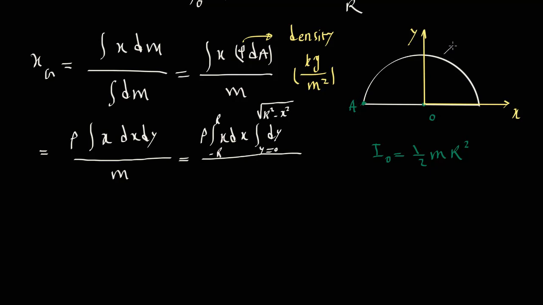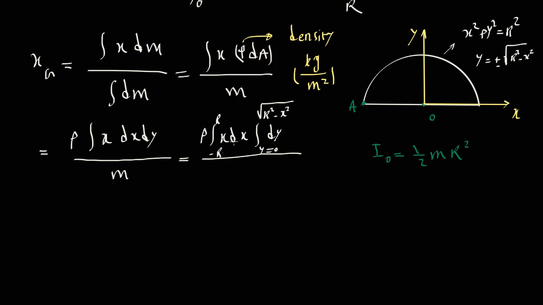The equation for a circle is x squared plus y squared equals r squared, not plus. So y would be plus or minus the square root of r squared minus x squared, and because we are in the upper half of the plane, we go with the plus sign.